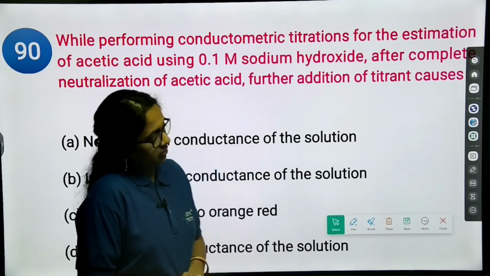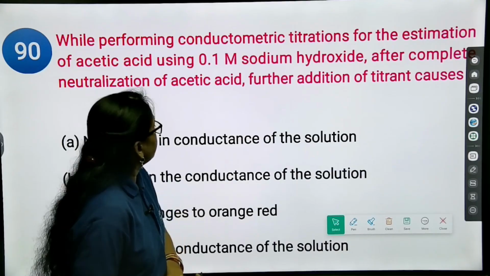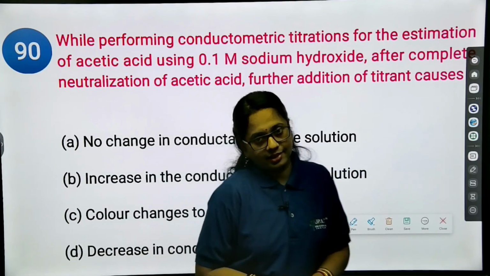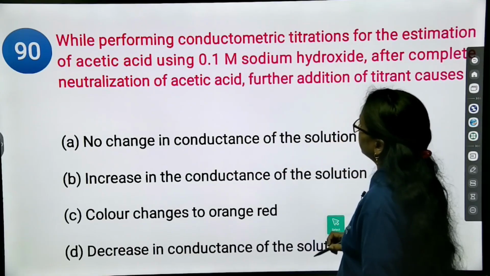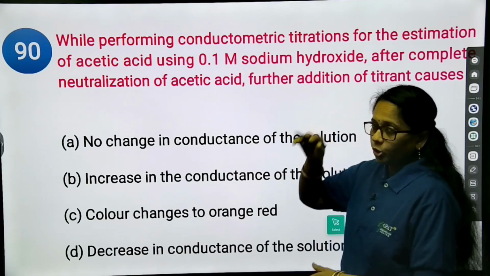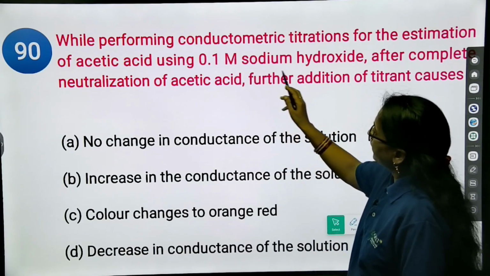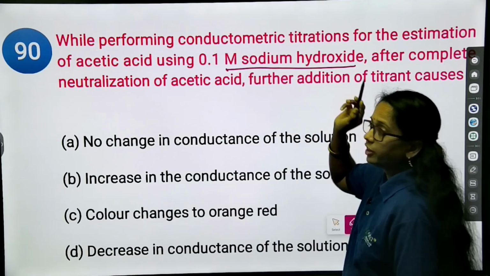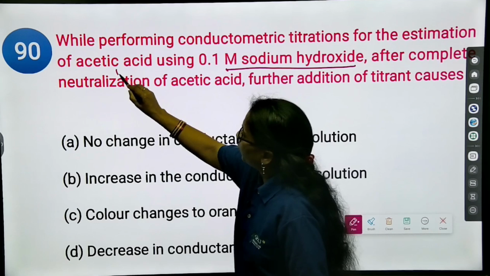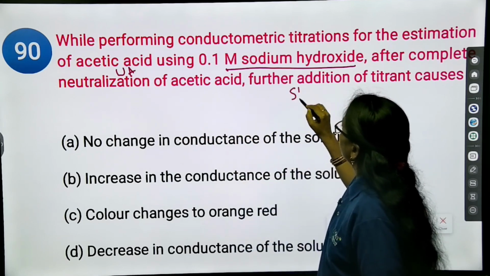So let us move to the next question. While performing the conductometric titration for the estimation of acetic acid, we know that acetic acid is a weak acid. The titrant is 0.1 molar sodium hydroxide, a very strong base. So it is a weak acid versus a strong base.